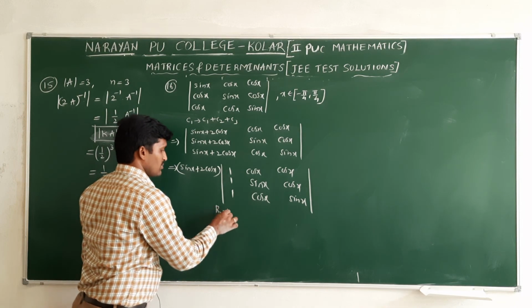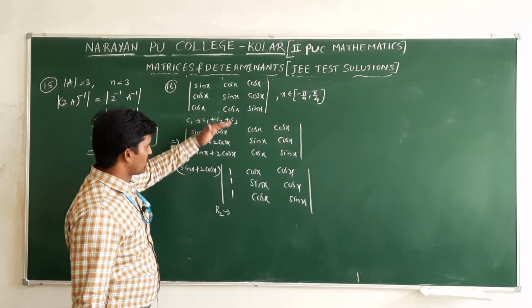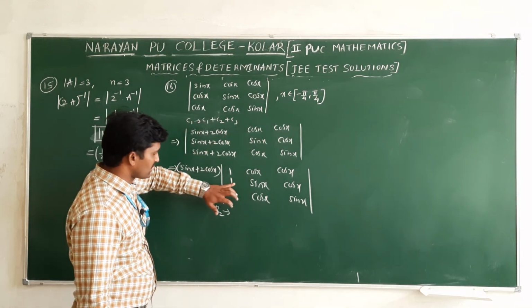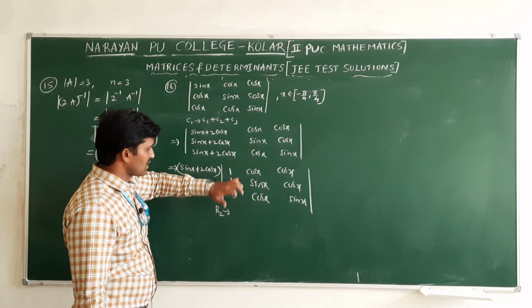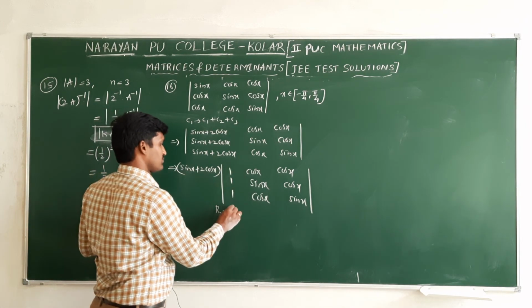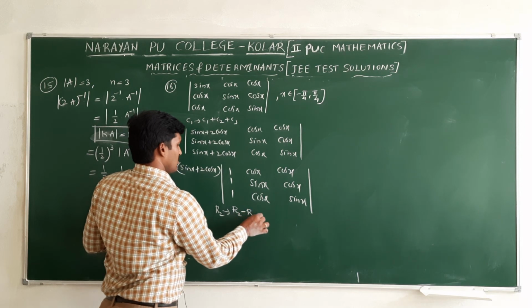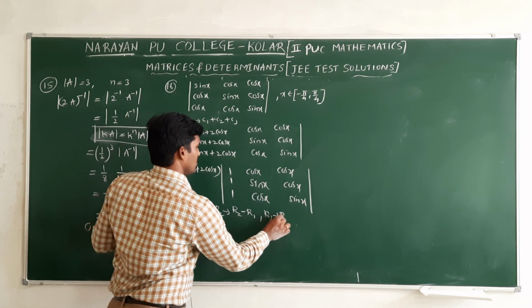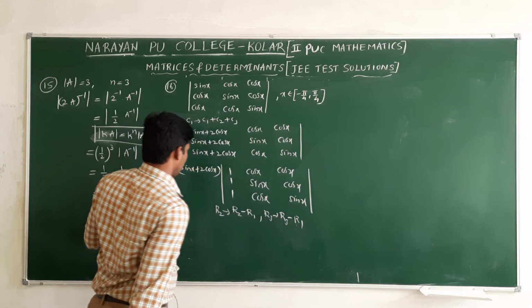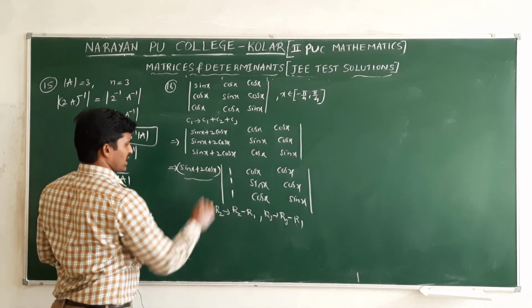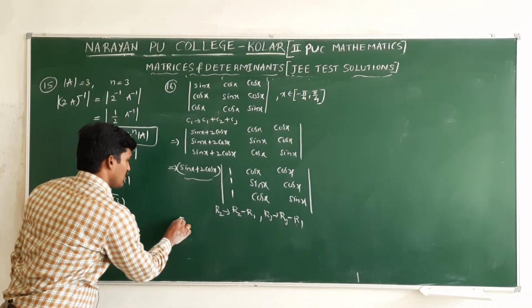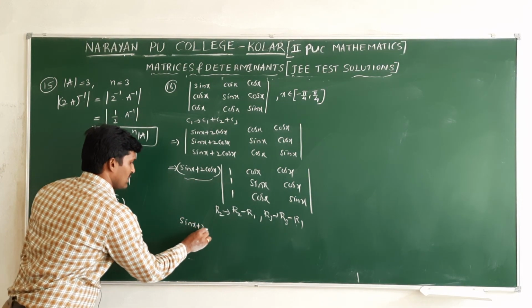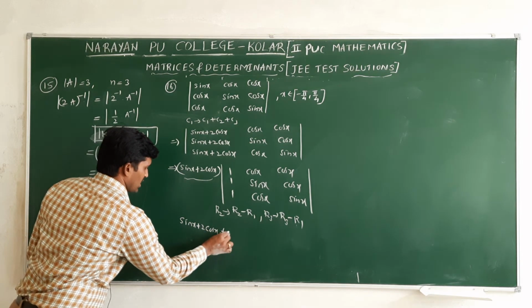For simplification, after applying the column operation, I apply row operations to make these two elements 0: R2 tends to R2 minus R1, and R3 tends to R3 minus R1. The first factor we are not taking, because in that interval it is not equal to 0.